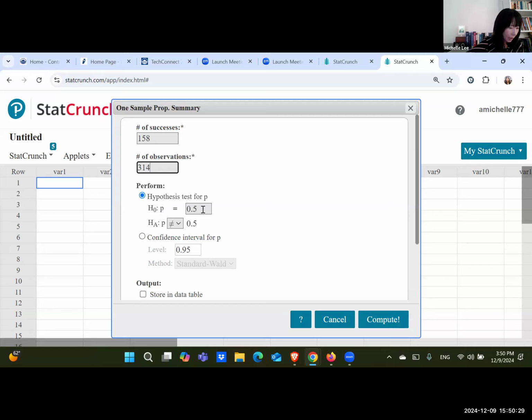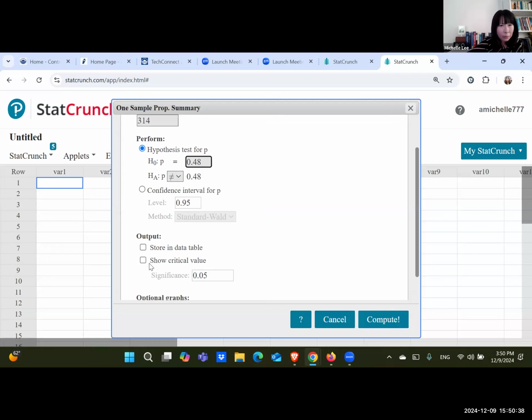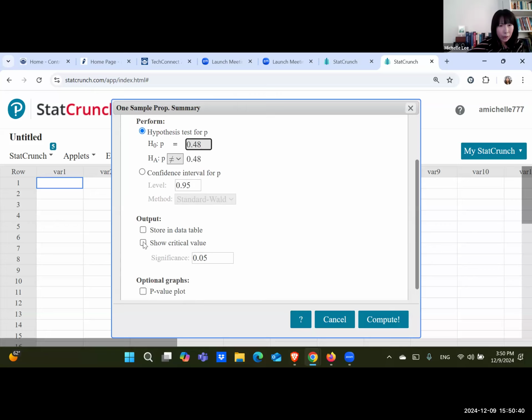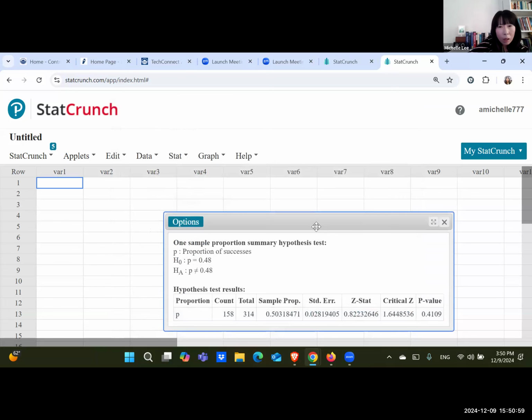Hypothesis test: p equal to 0.48 and it's not equal to, right? Now we have to click this one in order to type the significance. So it's 0.1, and then compute.